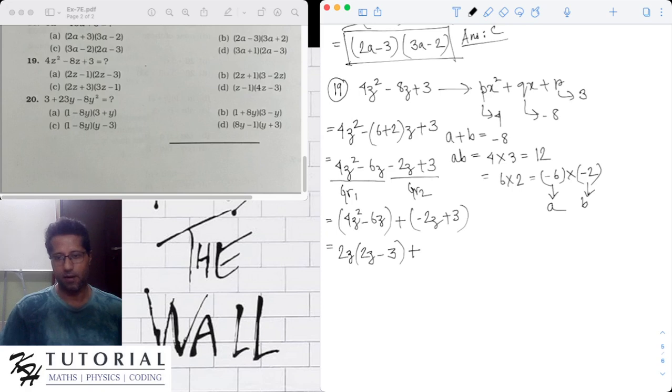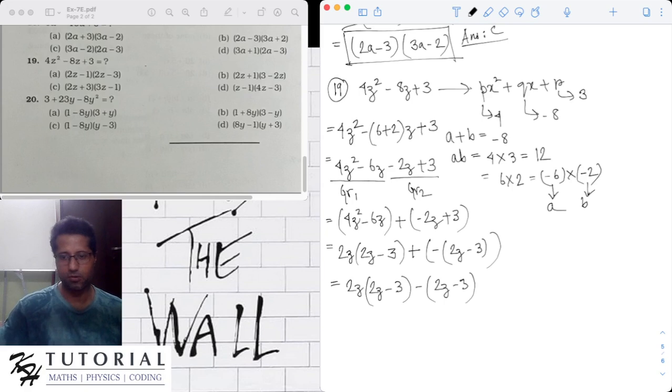Now if I have to express minus 2z plus 3 as 2z minus 3, which are additive inverses of each other, I can take minus 1 common from both the terms of group 2, I have 2z minus 3, and this minus 1 I can bring outside the bracket, so this will be 2z multiplied by 2z minus 3, minus of 2z minus 3.